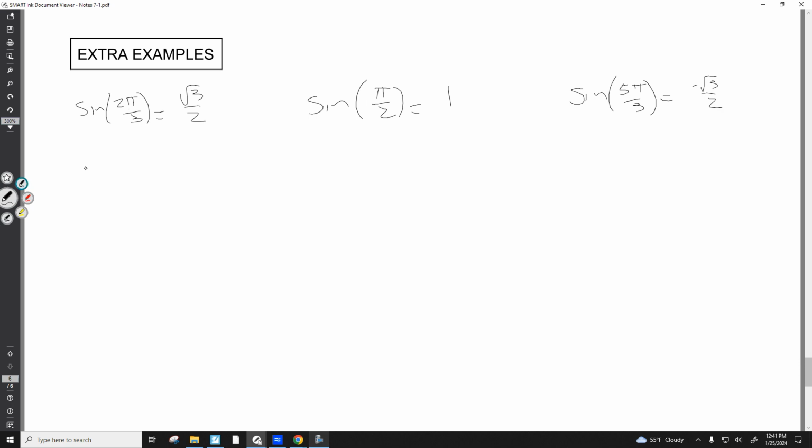What's the sine of 0? Sine of 0. 0. What's the sine of pi?